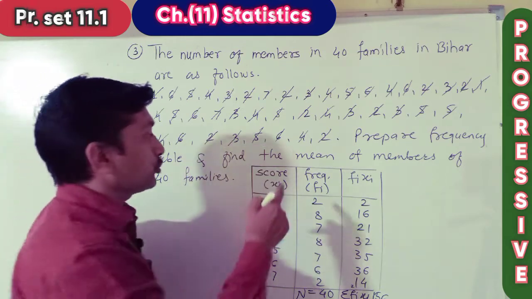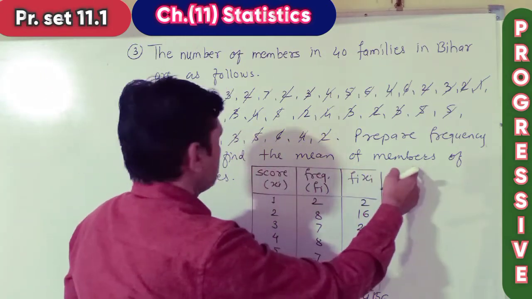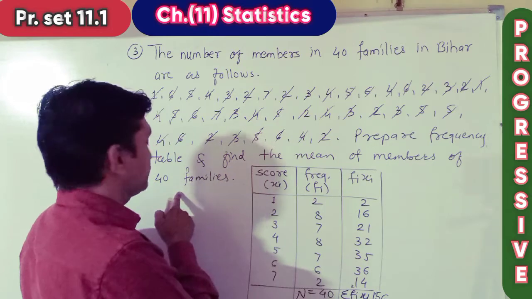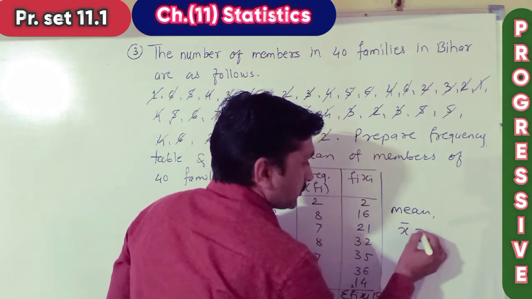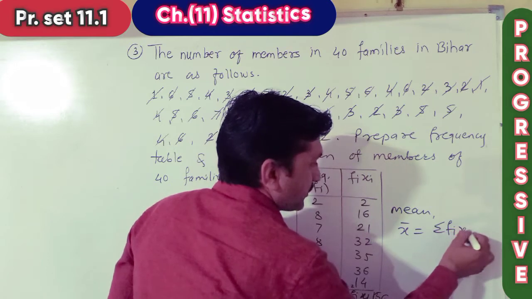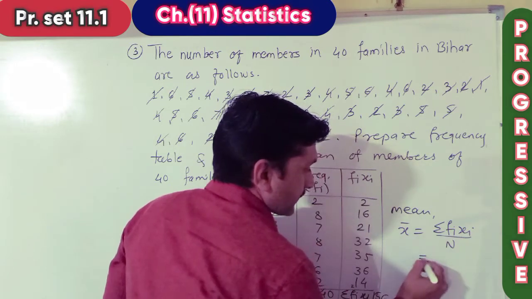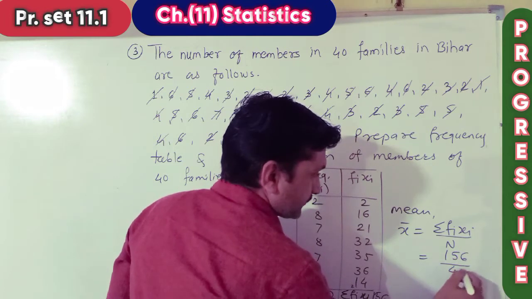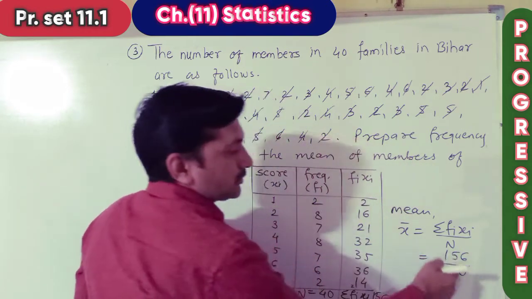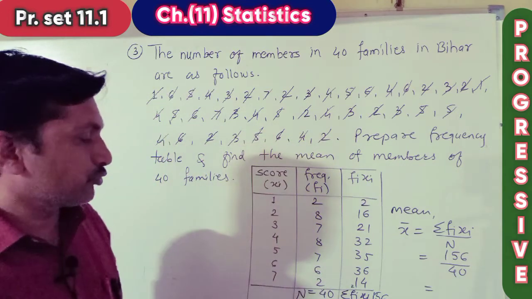Okay, now we want the mean of members of 40 families. Therefore mean is equal to sum of fi xi upon n. Sum of fi xi is 156 upon 40. Now here reduce by 40.